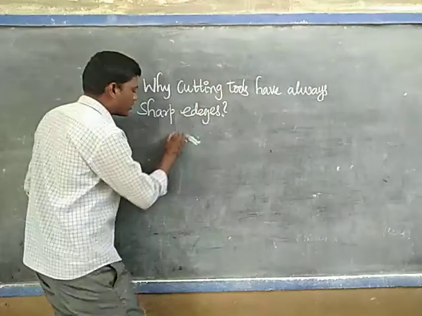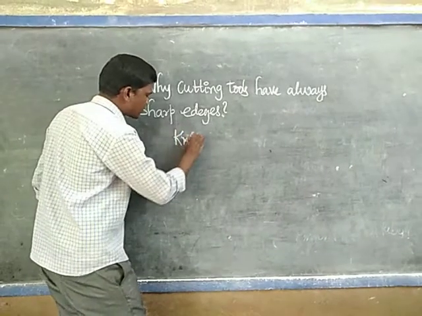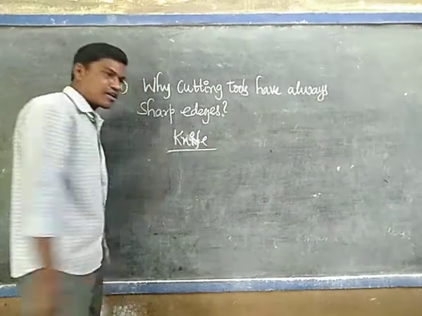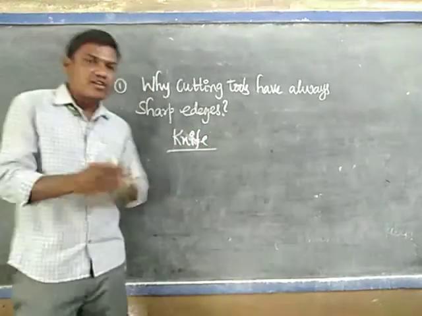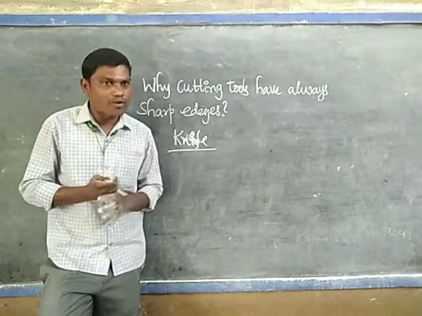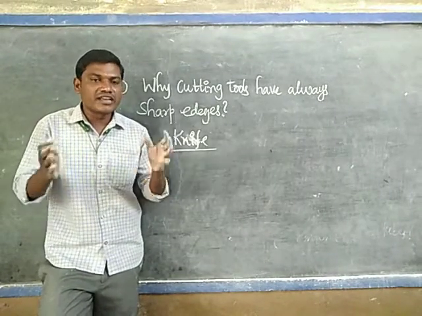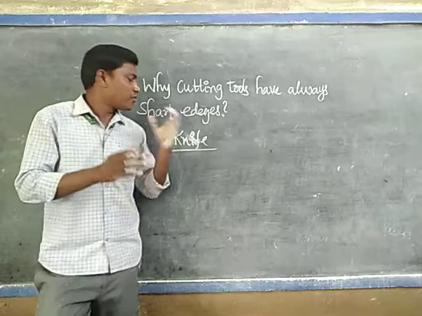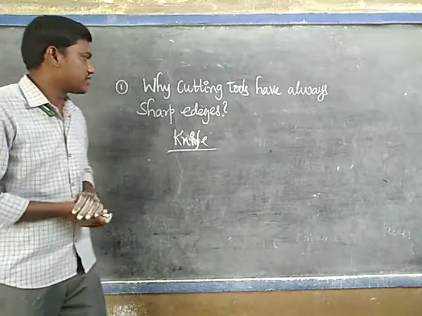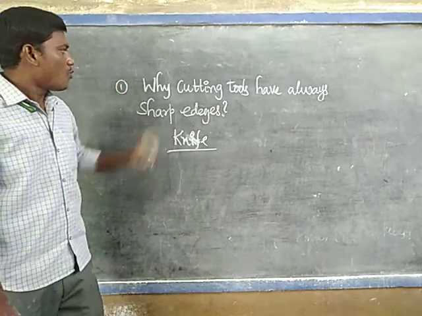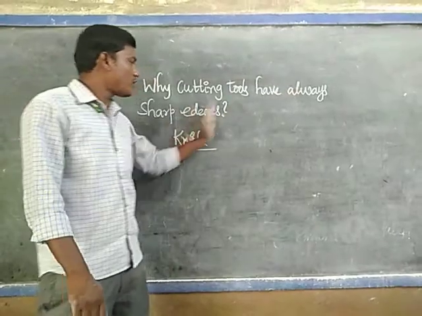The best example is a knife. Everyone uses a knife for different purposes in our home, most probably for vegetables and fruits. Now I ask, why do cutting tools always have sharp edges?